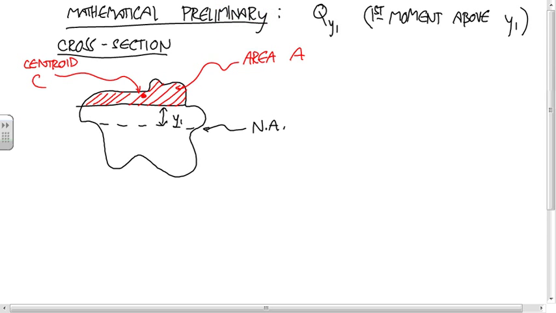And so for this cross section and this value y1, Q_y1 is equal to the area A times the distance yc. So it's not using this value y1, it's the distance to the centroid of that area above y1.